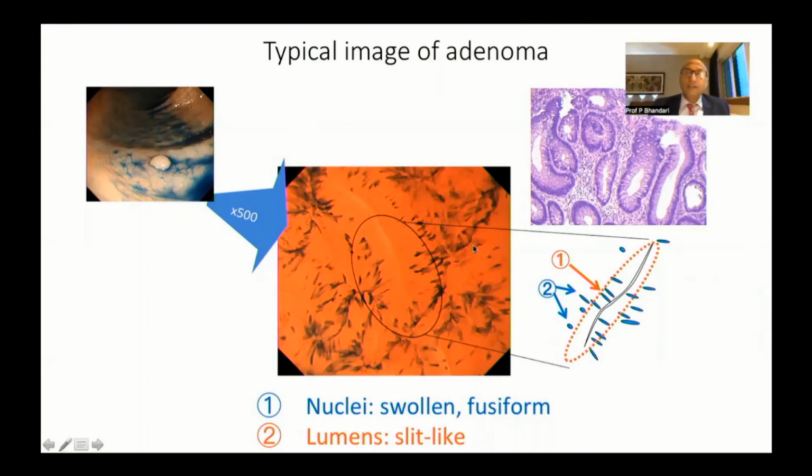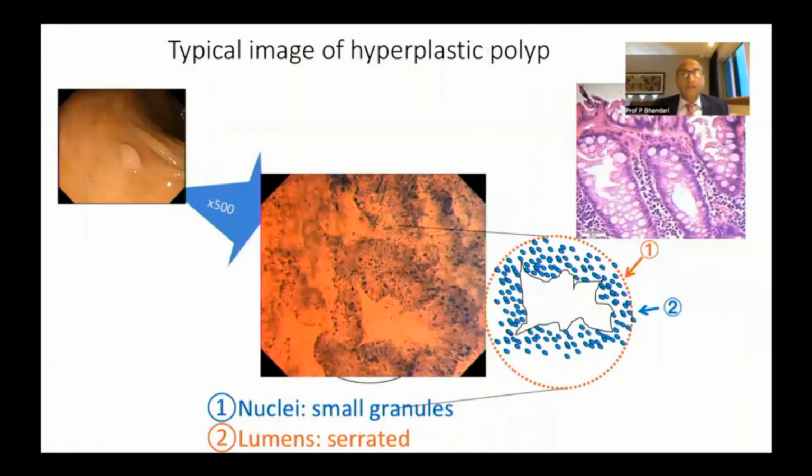In an adenoma, you look at the nuclei, which are a little bit swollen and fusiform, and the lumen here in the middle, you see this? The lumen is like a slit, which is typical of adenoma. When you use this with a hyperplastic polyp, you see these little round nuclei with a wide serrated lumen in the middle.